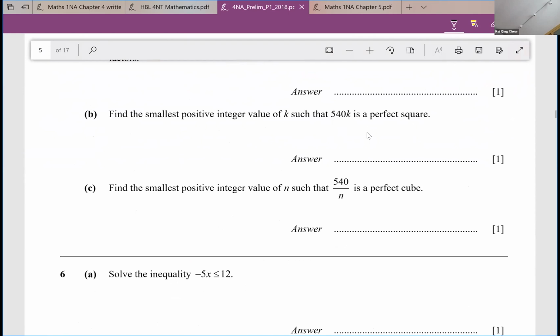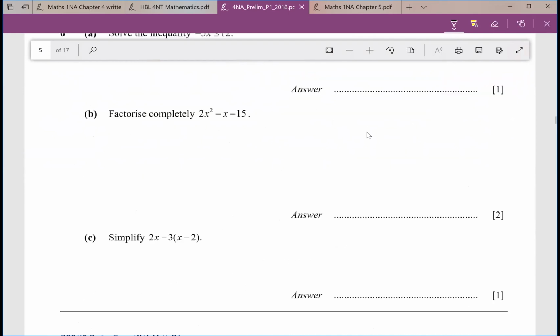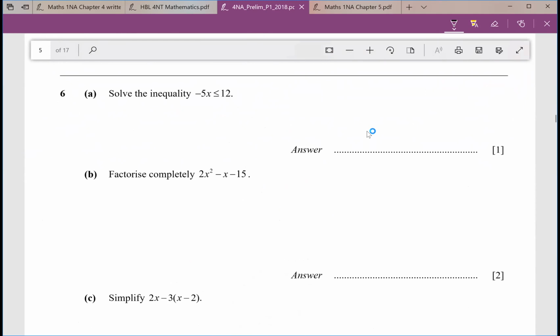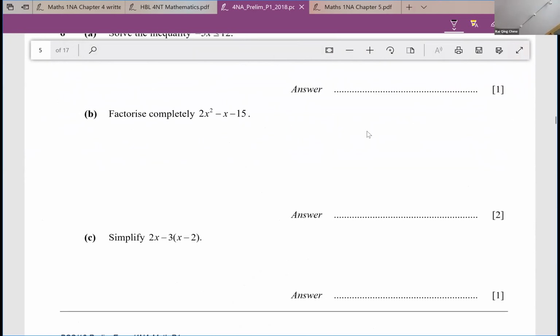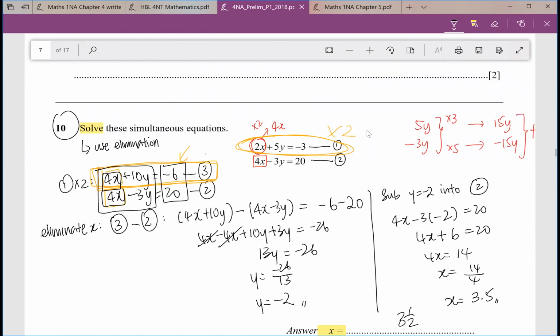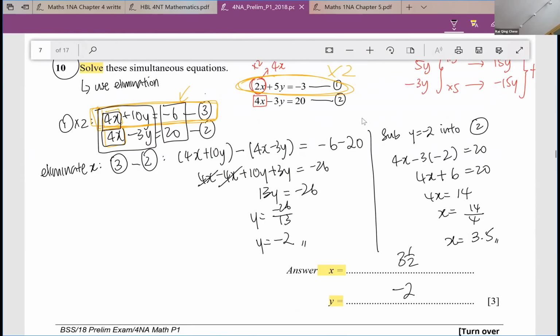Question 6, I did in class. So must I put the answer as 3.5 or as a fraction? Just now I answered this question. Fraction is better, right? Both are okay, because 3.5 is exact. So exact answer, both are okay.